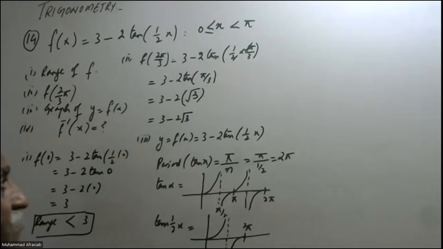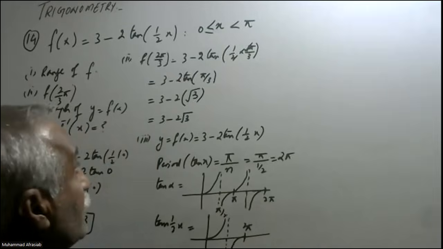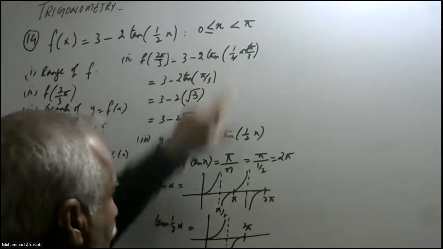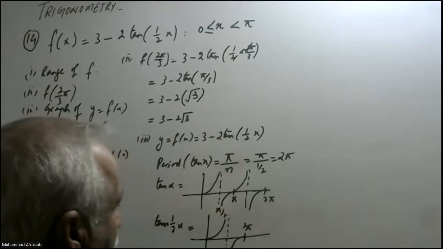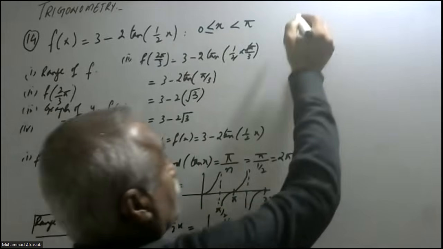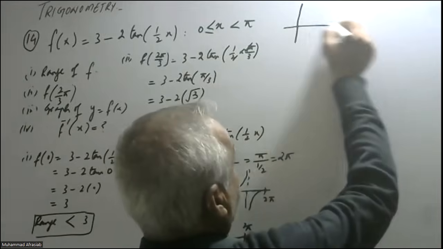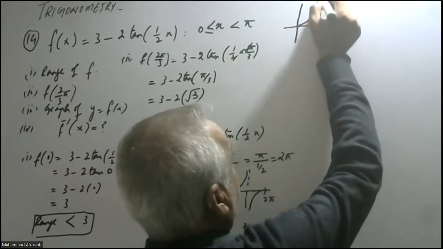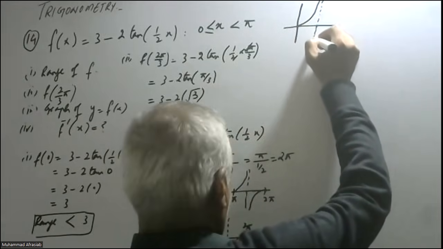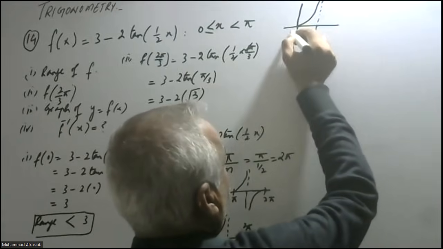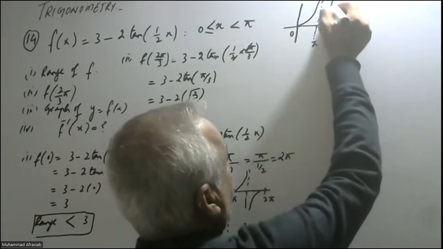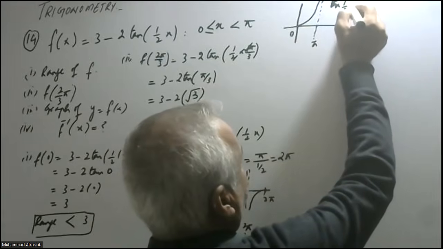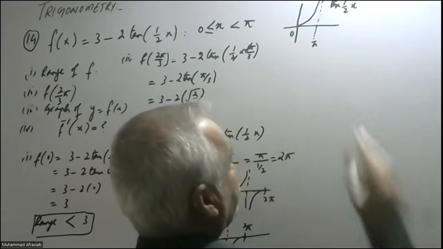Then because our domain is 0 to pi, we will just get this part of the coordinates in the first part here. So we can write this as 0 to pi for this graph of tangent of half x.